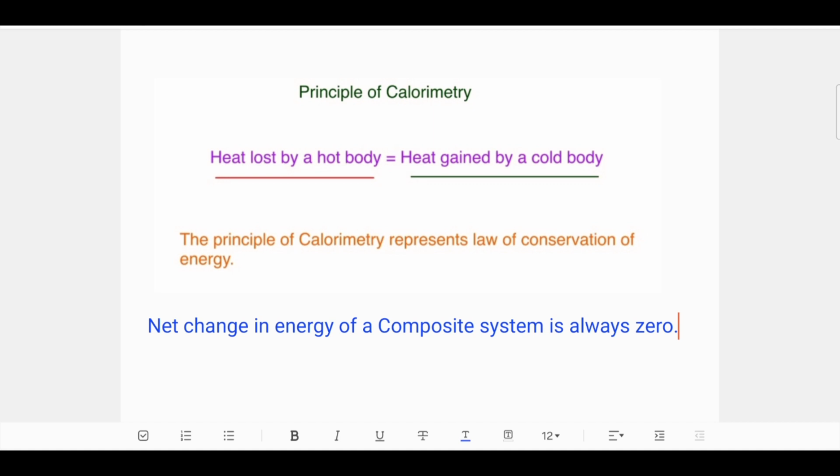As a whole, we can say that the net change in energy of that system will always be zero. That means heat lost by one body will be absorbed by another body. So there is no change, no loss. That is the meaning of the sentence written here: net change in energy of a composite system is always zero.